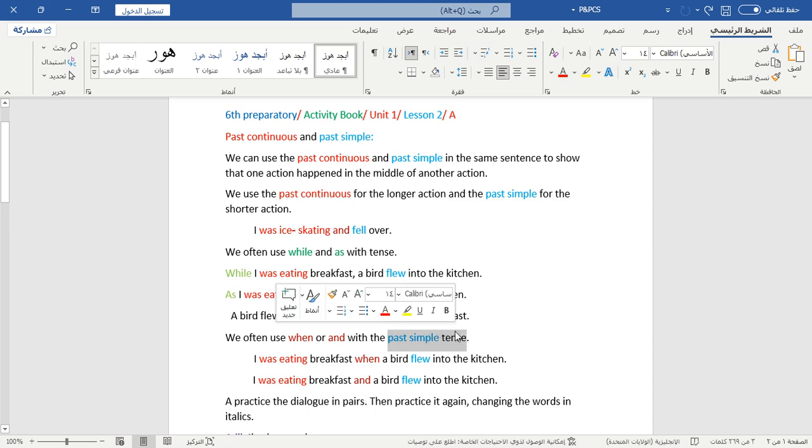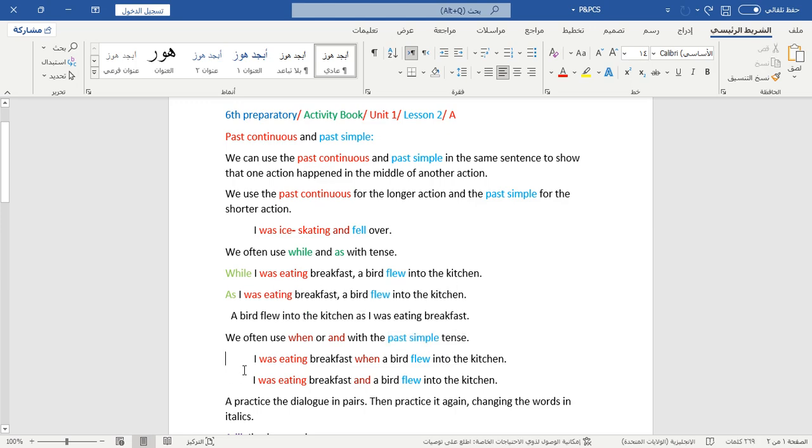Is that clear? My student, listen to me please. Are you with me? Okay, thank you so much. Continue our lesson. Now with when, we said before that as is in the middle of the sentence all the time, always. We can put when in the first of the sentence, or in the middle.